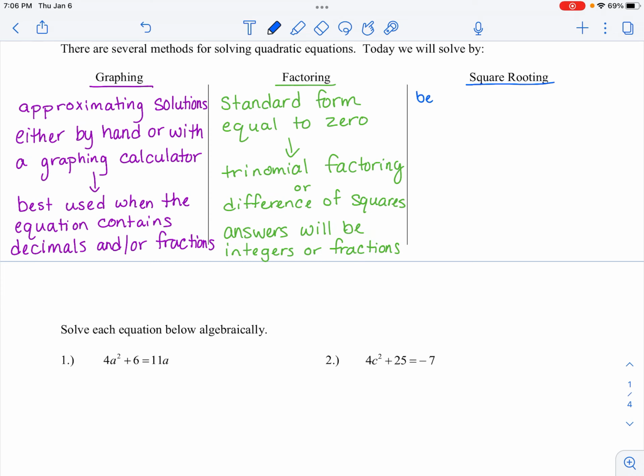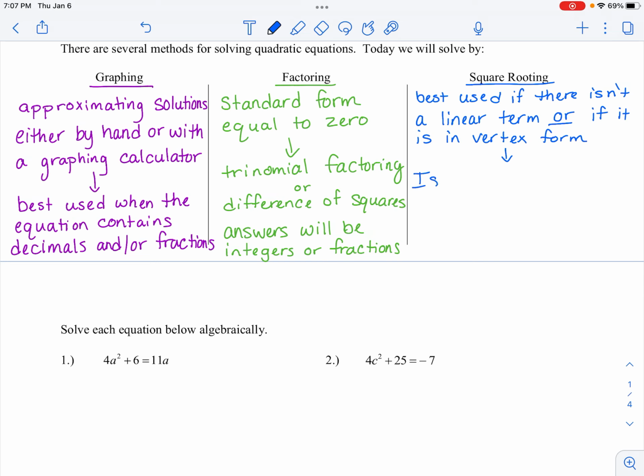So this is best used if there isn't a linear term, or if it is in vertex form. Because the whole goal here is going to be to get the squared thing by itself and then square root both sides.